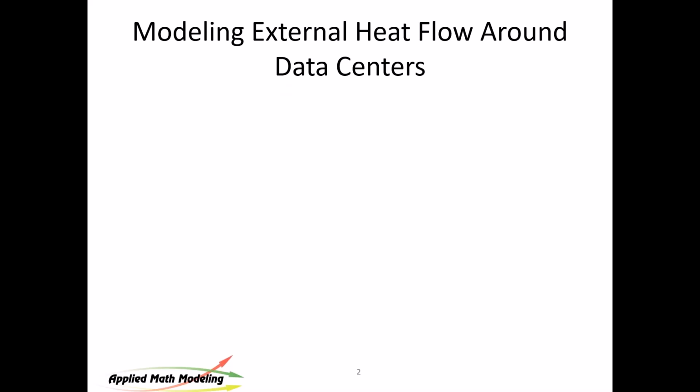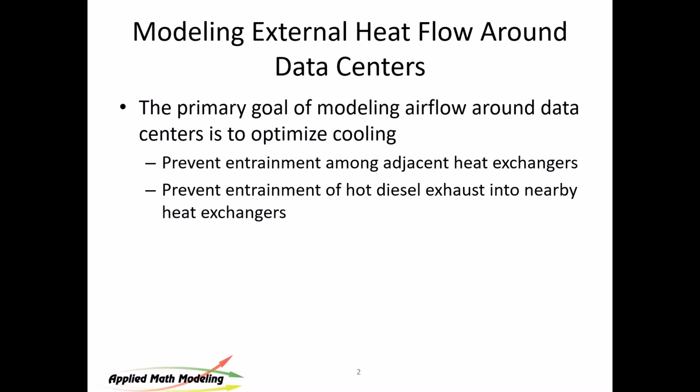So let's talk about modeling external heat. We've done a fairly good job inside the data center over the past 20 years. Things like hot aisle or cold aisle containment and variable speed fans have all contributed to the goal of getting the heat out of the building, out of the room. However, it's now outside. You've got a bunch of heat outside.